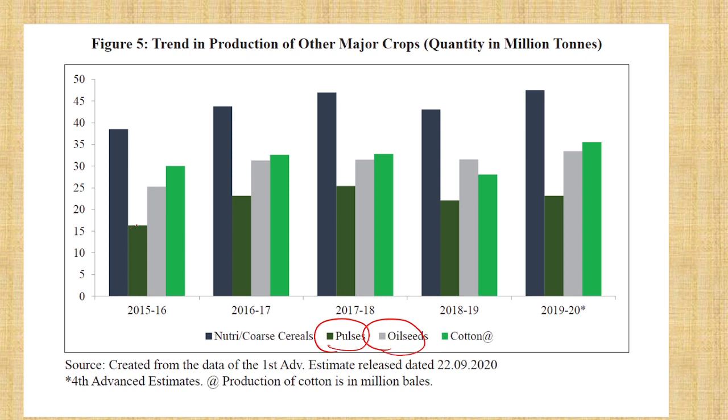Since 2015, pulses have been increasing, but they are also decreasing. The production has decreased. That is the point you should know. We will assume that yes, there is a pulses program, an improving pulses and oil seeds program, and we will assume that it is increasing completely.